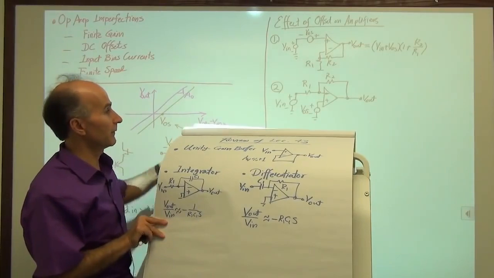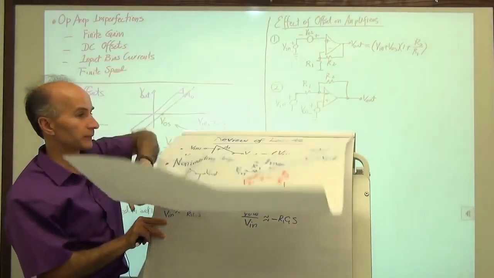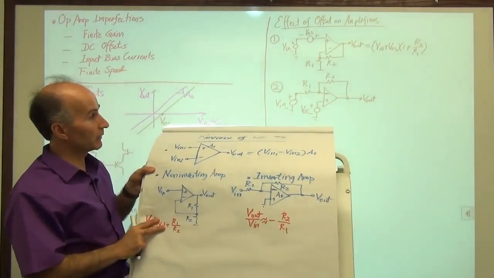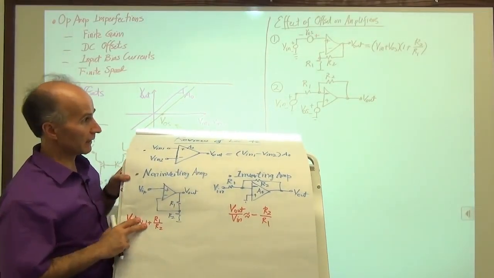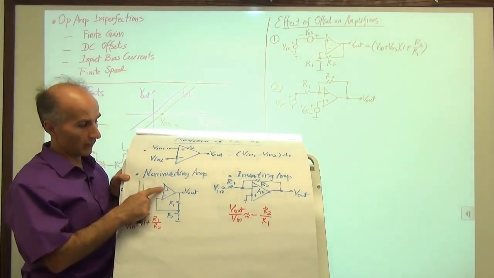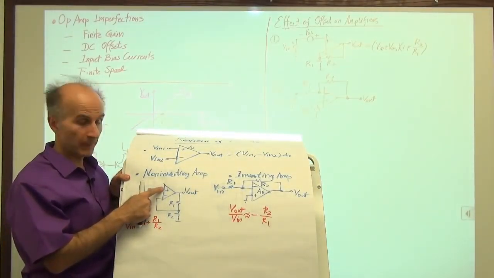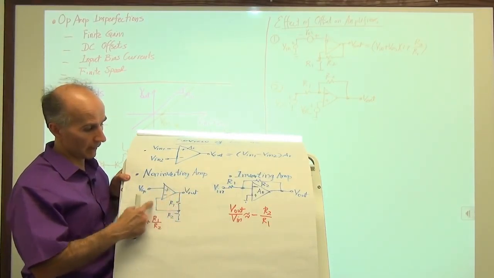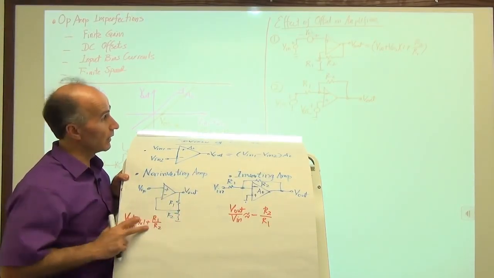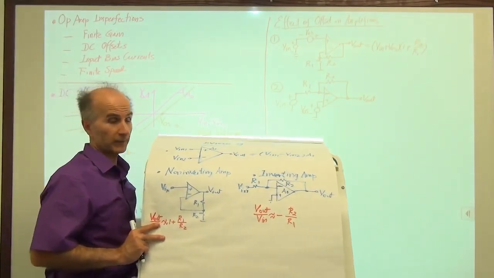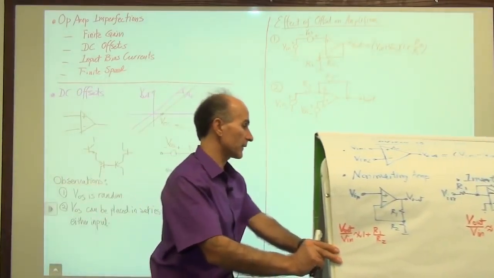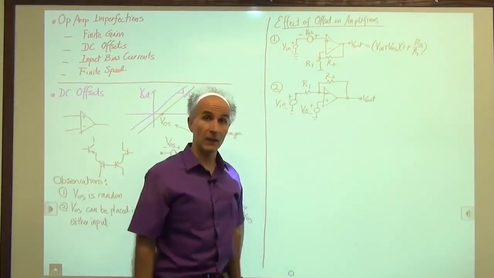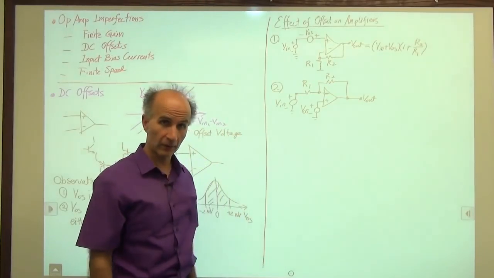If you compare the two, as far as VOS is concerned, VOS goes to the positive input of the op-amp, and then the output of the op-amp goes through a resistor, gets divided, and goes to another resistor to ground. So when V in is 0, that's what we get. So as far as VOS is concerned, we have a non-inverting amplifier. As far as V in is concerned, we have an inverting amplifier.